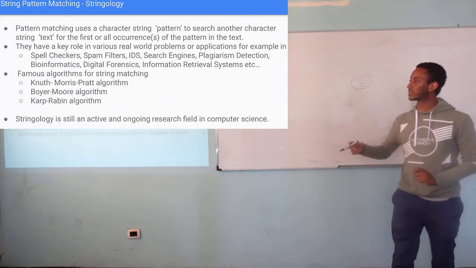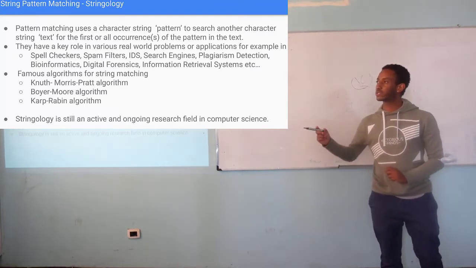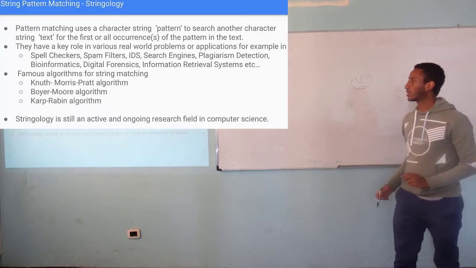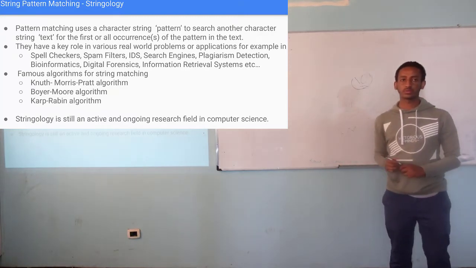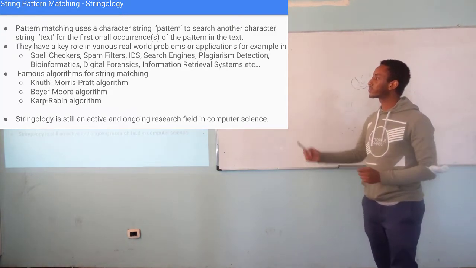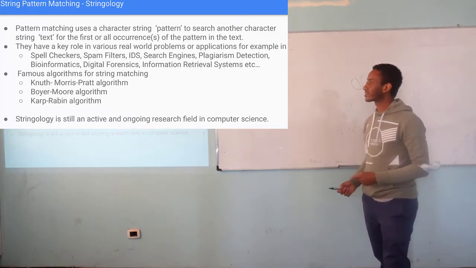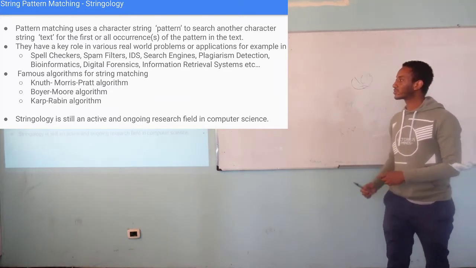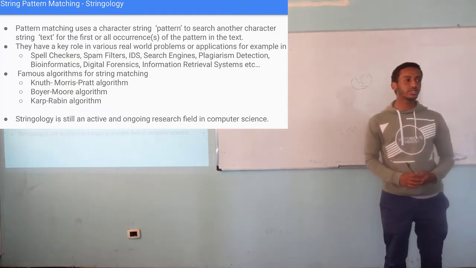Usually these algorithms in our languages, like Python's find, use the Boyer-Moore algorithm to discover patterns, and its applications range from bioinformatics and genetics to even intrusion detection systems and search engines.